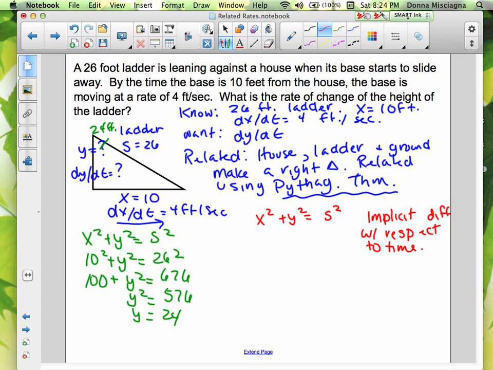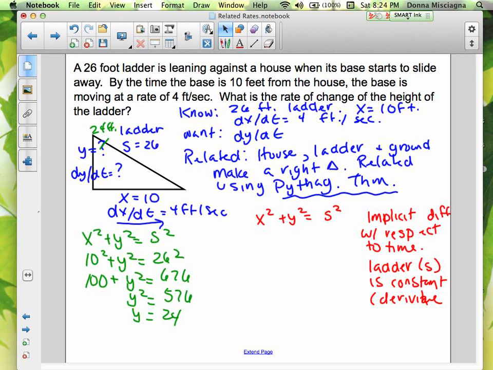So s here is a constant, and we know that the derivative of a constant is 0. So that's just a big old 0.